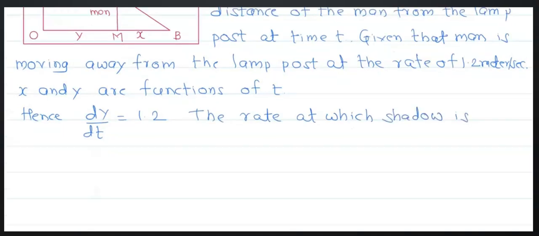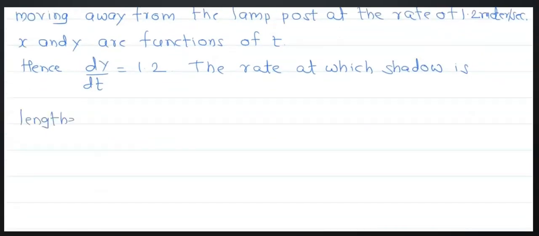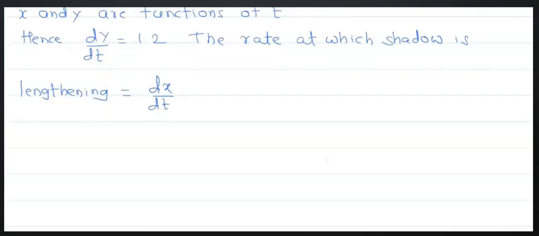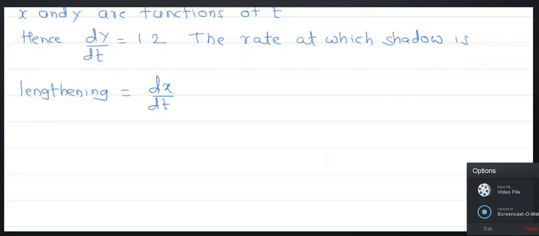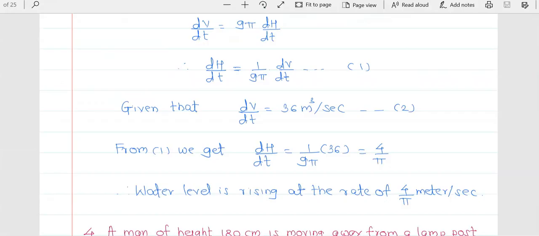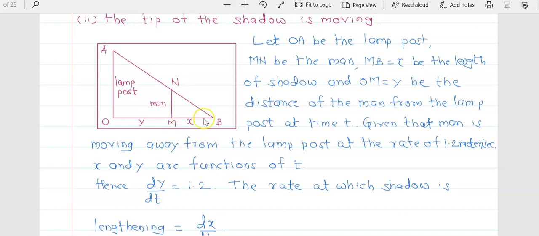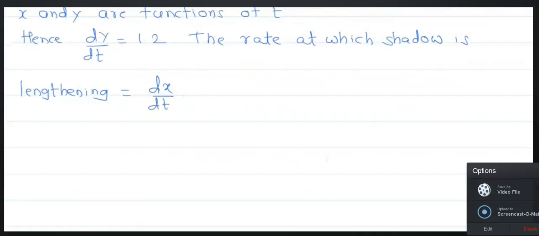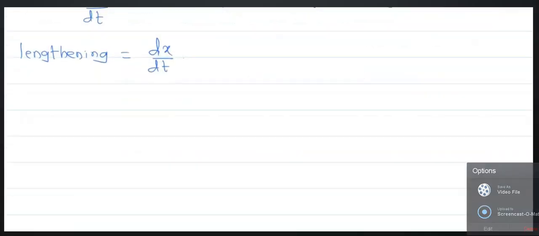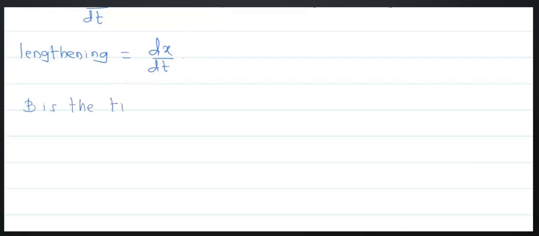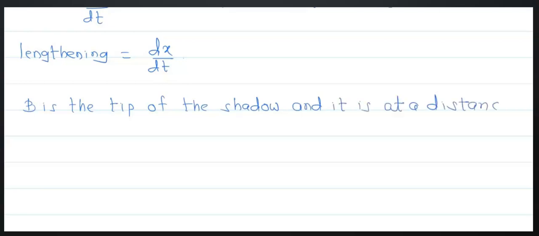The rate at which the shadow is lengthening. Now the shadow is MB. Its length, that is the distance of MB, is equal to X. Therefore, dx upon dt, see this here, dx upon dt, that the shadow is lengthening, that is what I want to find out.